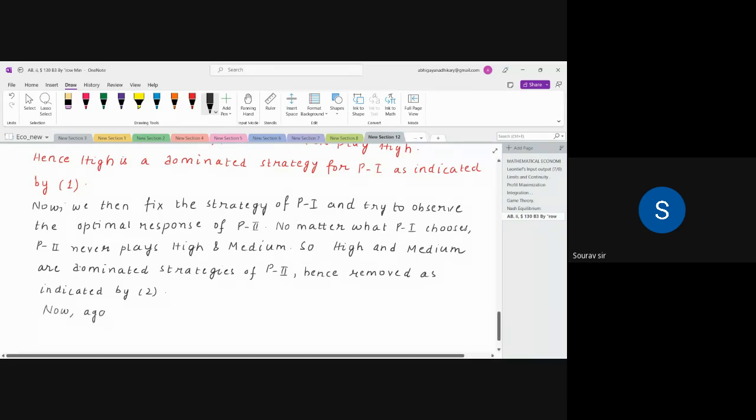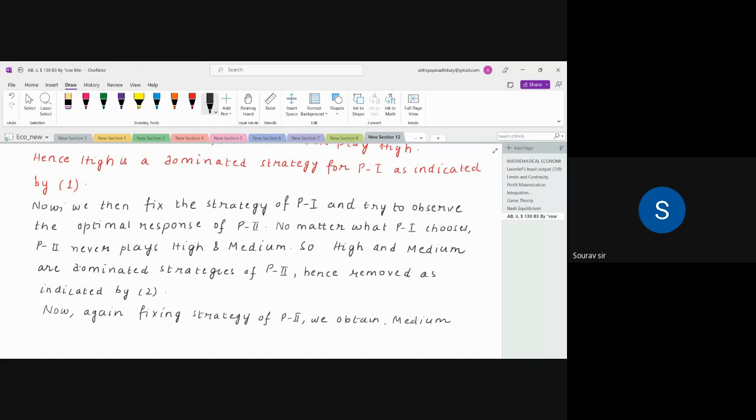Now again, fixing the strategy of player 2, we obtain medium as the dominated strategy of player 1, as shown by 3.